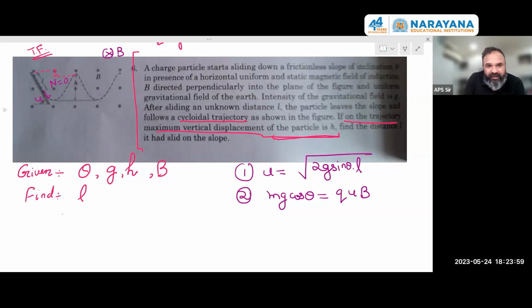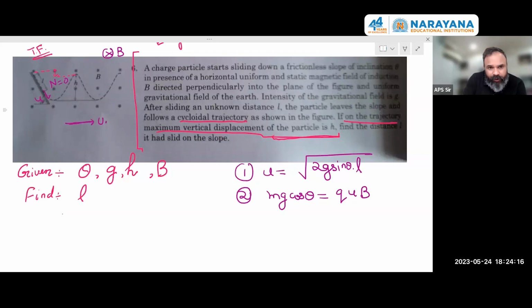But we understand one thing, that this cycloidal trajectory can be revisited, again observe, as something which is a combination of a circle and a uniform linear motion, and that uniform linear motion can be perceived as something which is going forward with a uniform velocity.